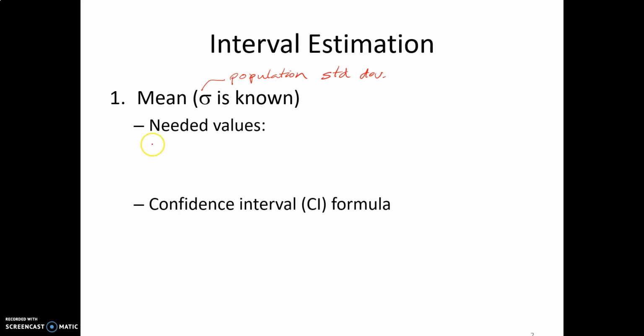So we need this value here. This is the sample average. We also need, of course, this value, which we know, the population standard deviation. We also need to know how many items or people were in the survey. So this is the sample size.